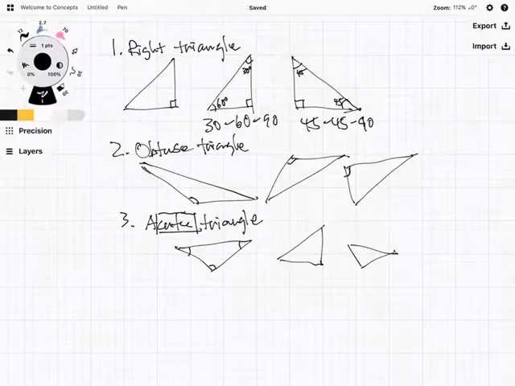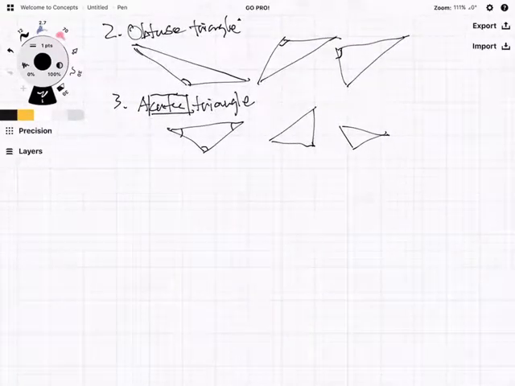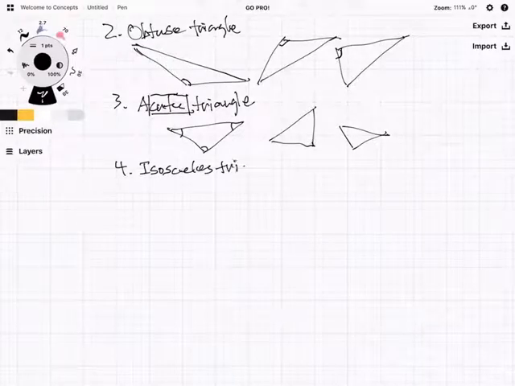So next, we're going to be talking about an isosceles triangle. This triangle is quite a special one, one of my favorites, honestly.